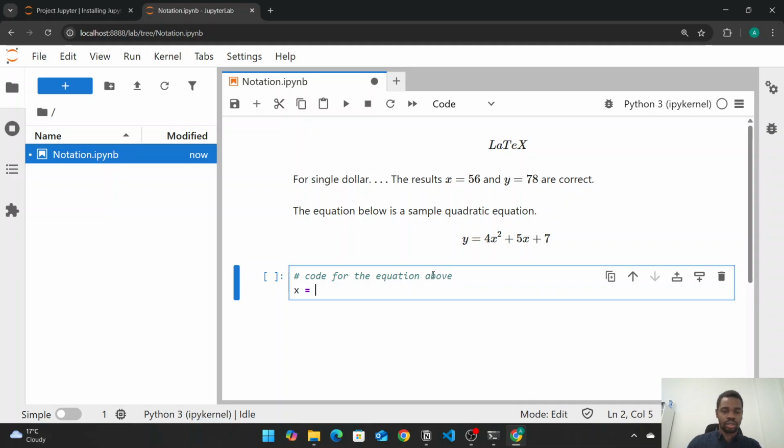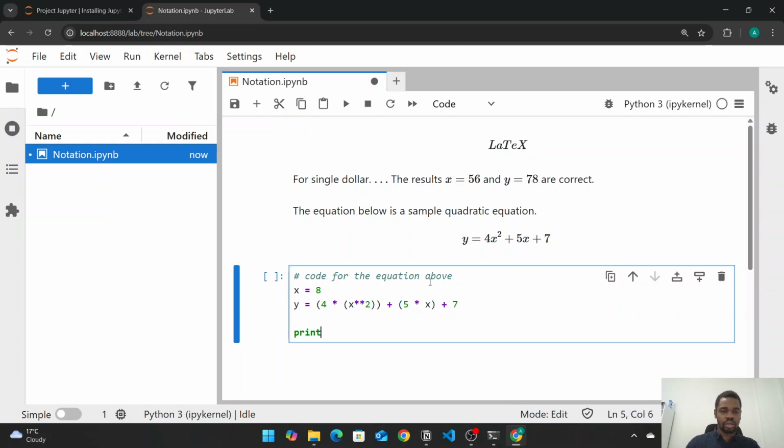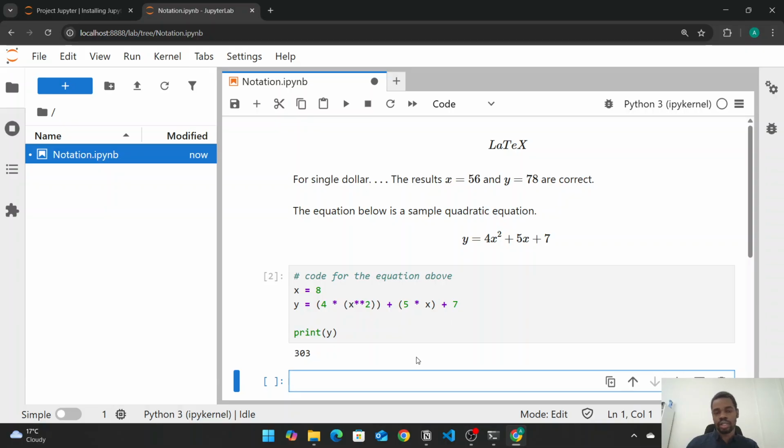Say x equal to 8, y equal to 4 x squared plus 5 times x plus 7. So print y. Nice. Right. So to plot, we do a couple of things.